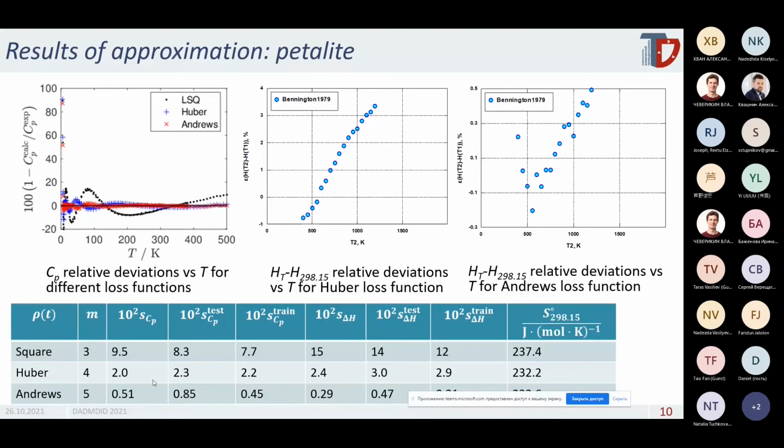Huber and especially Andrews models allow us to get rid of this. The Andrews sine loss function is especially beneficial for approximation of high temperature heat contents, and it gives much less systematic error. Applying K-folding to our models also confirmed that there is no significant overfitting.